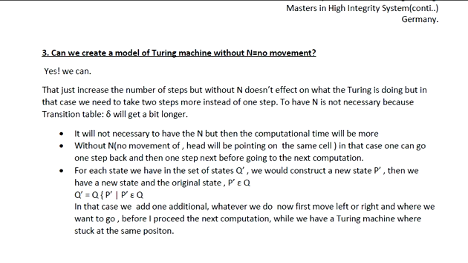The situation will be the same, with one more movement, and it can also cause the situation where the Turing machine is stuck at the same position. So finally we can say N will not affect anything, only the number of steps will be increased.